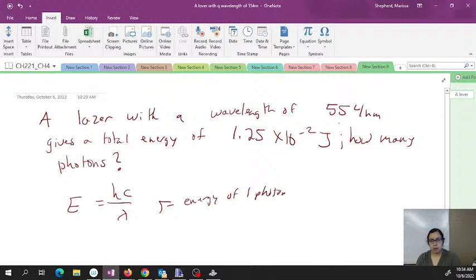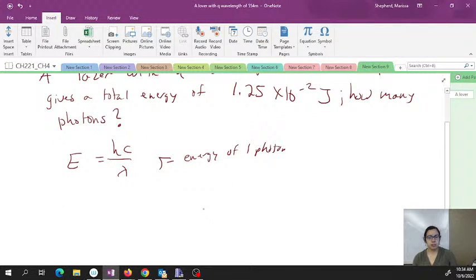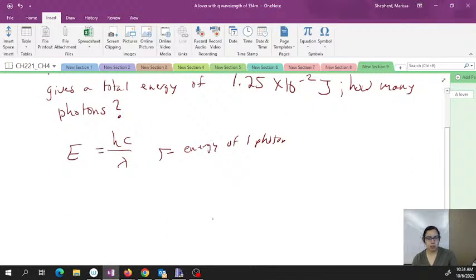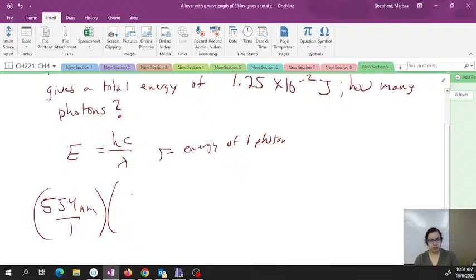And so we'll just plug everything into here. So of course we have to convert this to meters. And then that gives us the energy of one photon. And then we can just divide by the total to get how many photons. So let's do that. Let's first convert 554 nanometers to meters.